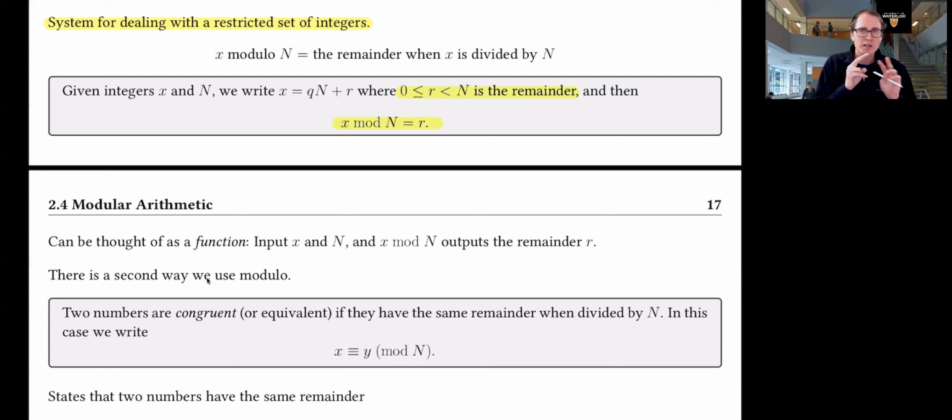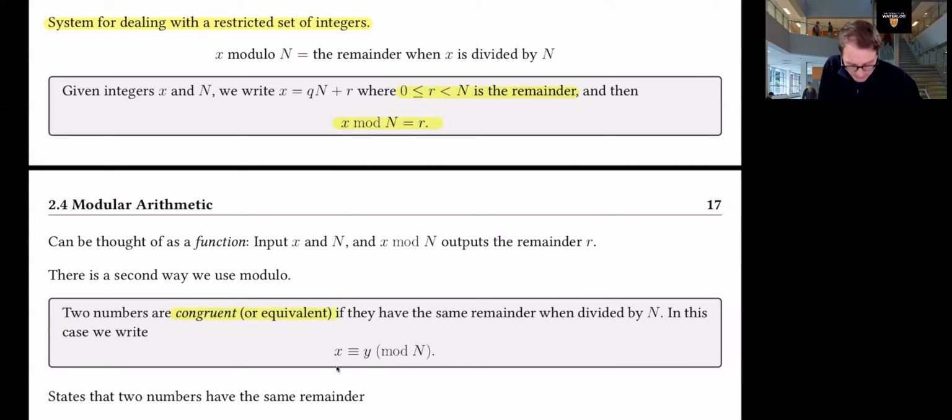There's another notation that you'll commonly see when we talk about modular arithmetic, and that's the two numbers being congruent. We say two numbers are congruent or equivalent if they have the same remainder when divided by n.